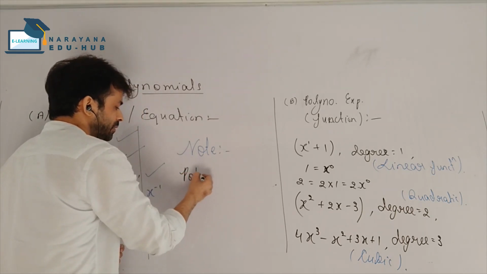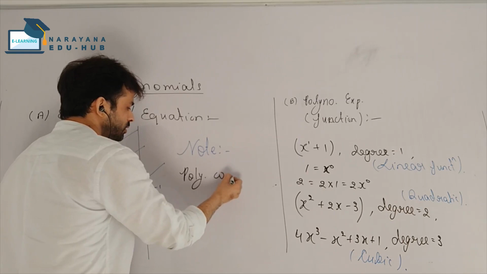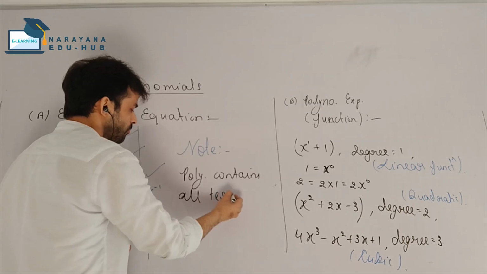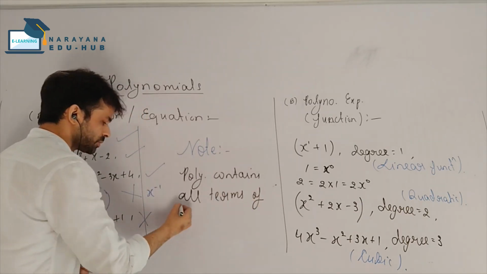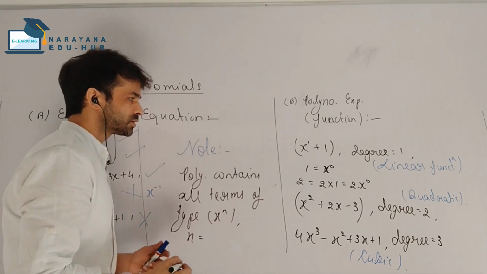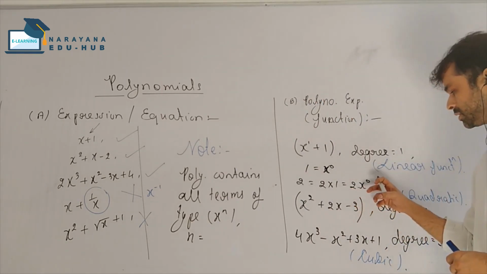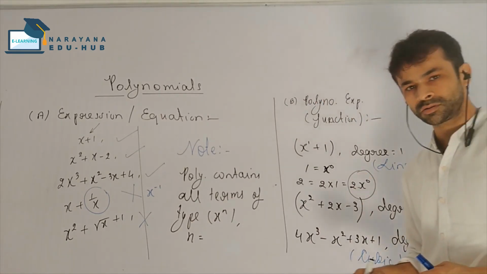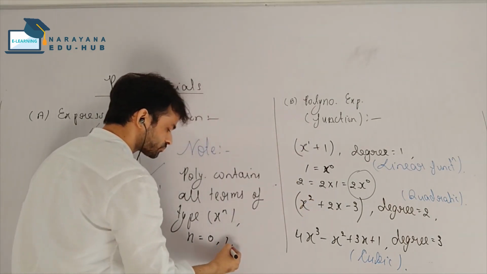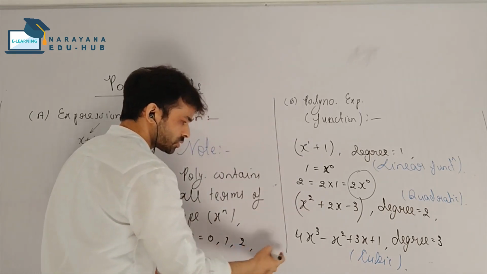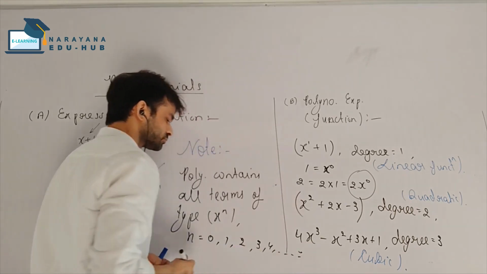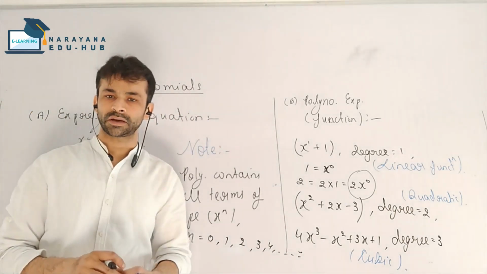A polynomial contains all terms of type x to the power n, where n is what? The minimum power of x can be 0 or 1 or 2 or 3 or 4 or 5, and so on, up to infinity.